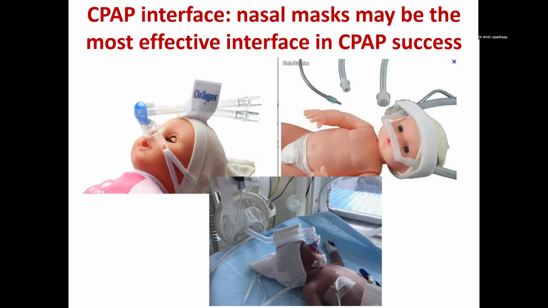So how is CPAP through ventilator compared to CPAP through CPAP device or CPAP machine? They are equivalent. If you are using bubble CPAP, then many things are there in bubble CPAP which say that it's better than plain CPAP.